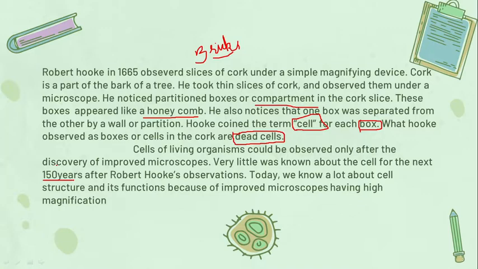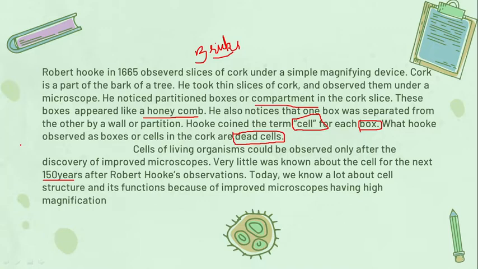150 years later, many people invented their own microscopes and also observed bacterial cells. But Robert Hooke observed under a simple magnifying device, which is a microscope.